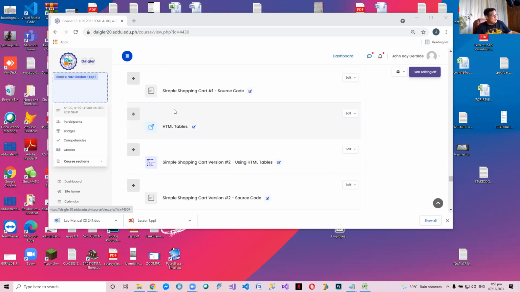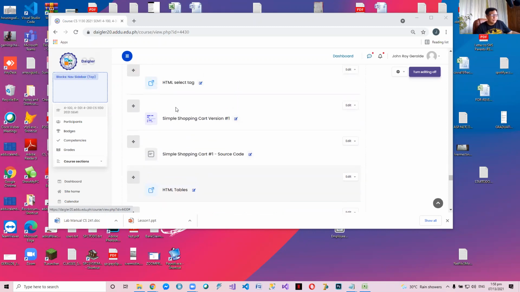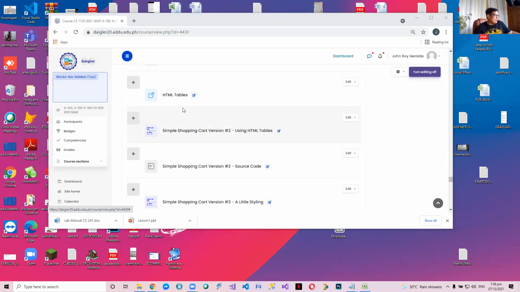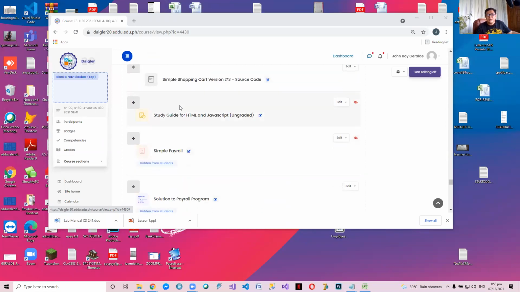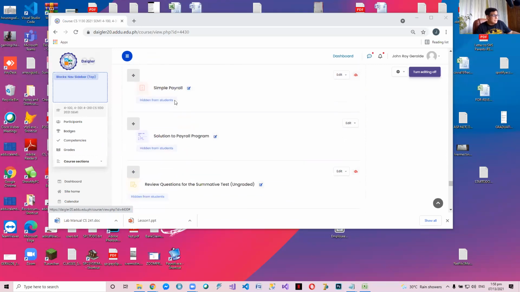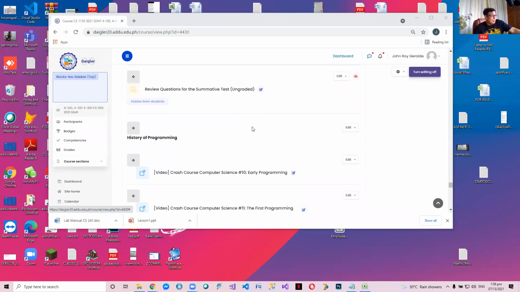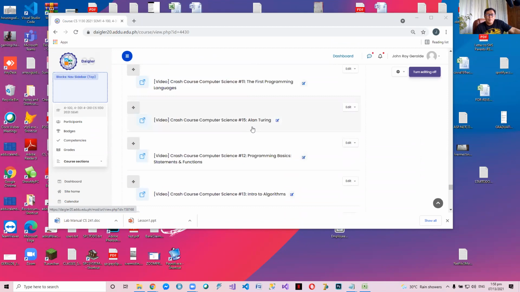I'll be showing you a simple shopping cart source code, which you will use in your final project, which is a summative performance test. You will write a program. There will be two bases for your grade. You will have a summative assessment test, and you will have a summative performance test. The performance test is a computer program which you will upload, and that will be a component of your grade.